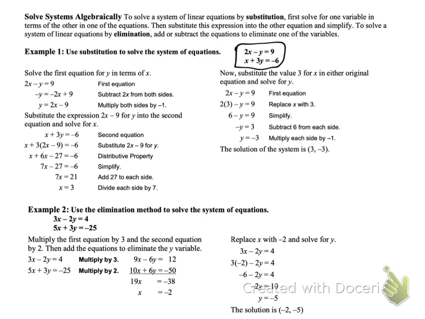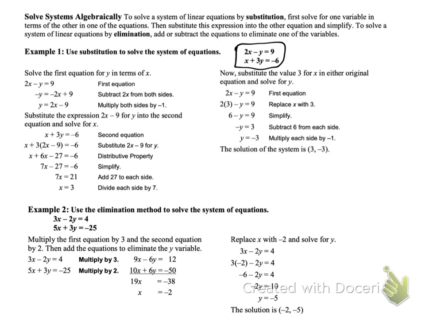So from there, I'll take 2x minus 9 and plug it in for y on the other line. Substitution. I'm substituting it in for y there, because y equals 2x minus 9. So that will leave me with x plus 3 times 2x minus 9 equals negative 6. The reason you do that is I've gotten rid of the y now, so I can solve for x.